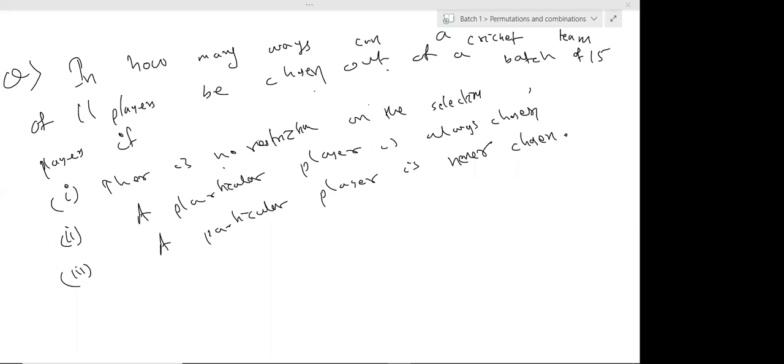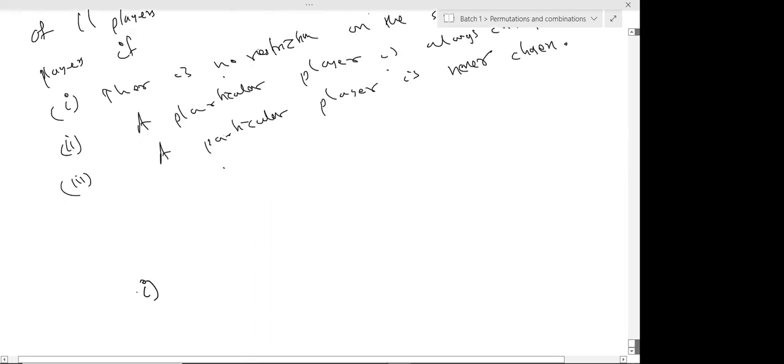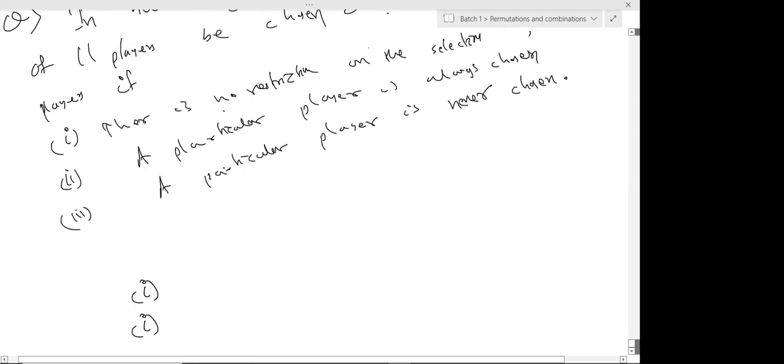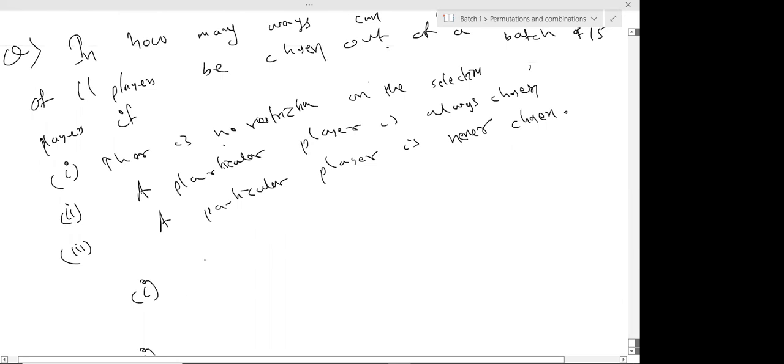No, particular player is chosen means one player is already selected, right? One of the 15 is there in the team. See, let me solve this. The first part is very easy. You have to select 11 members out of 15. So 15C11.